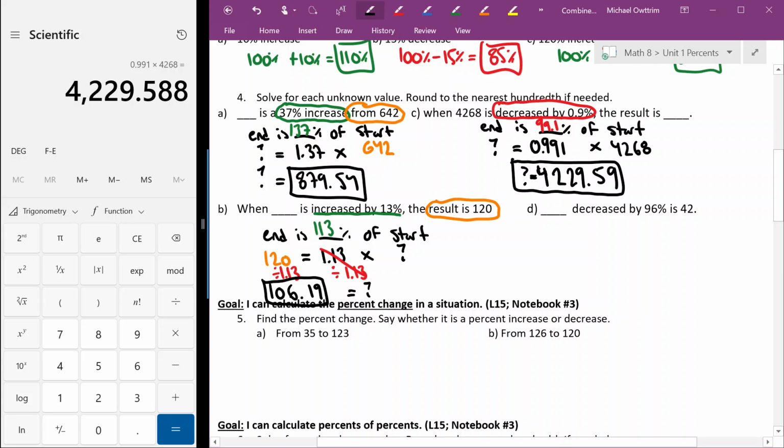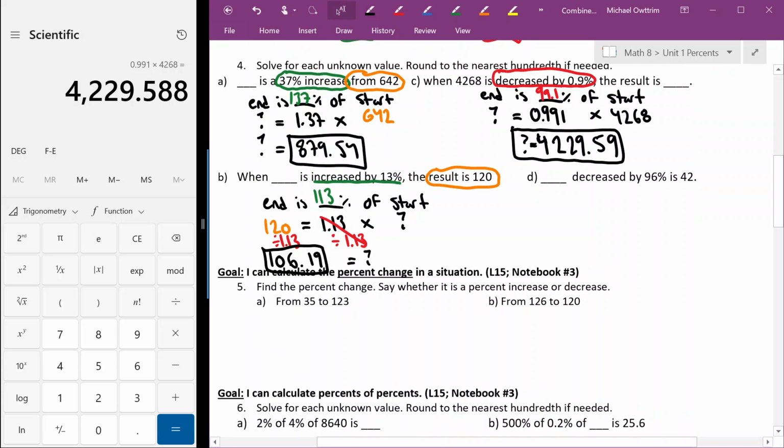Okay. Final one in this section, our question D. Something decreased by 96% is 42. So again, we're going to set this up as our end is blank percent of start. Since we're decreasing by 96%, we're going to go 100 minus our 96, which would leave us with 4% of the start.